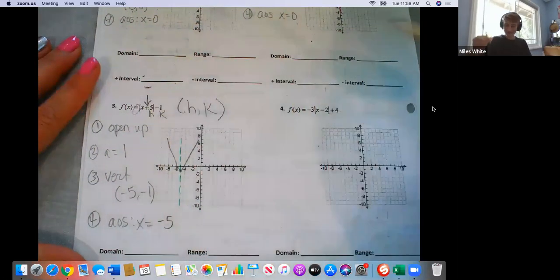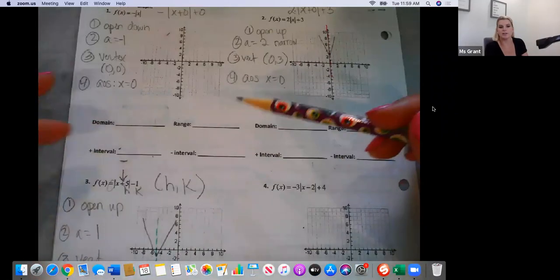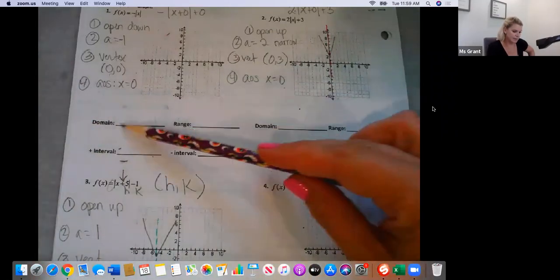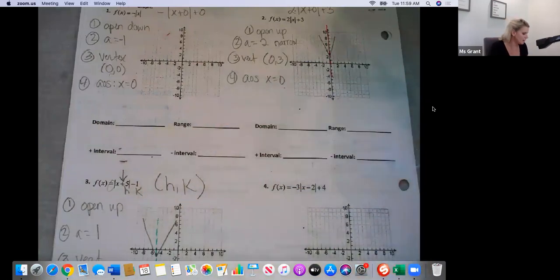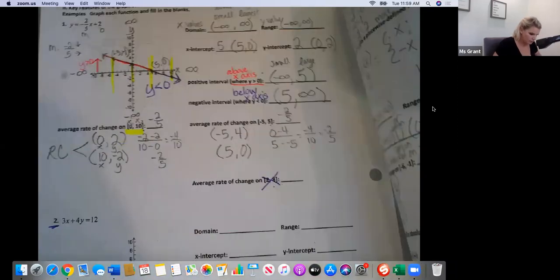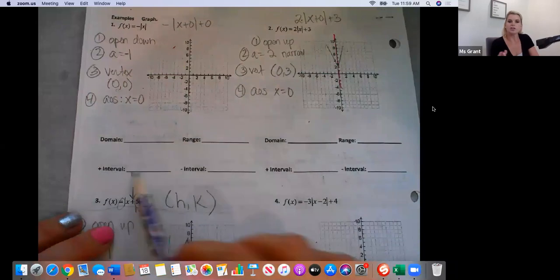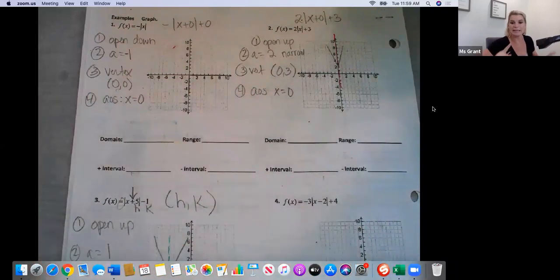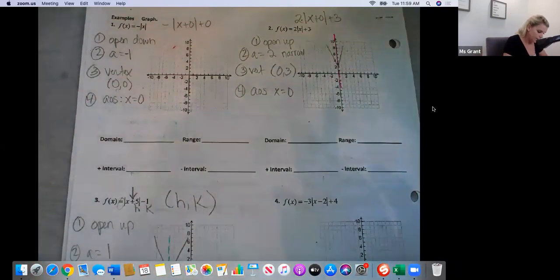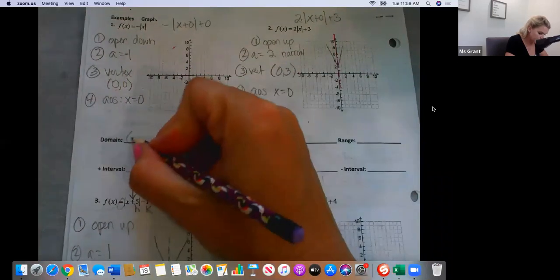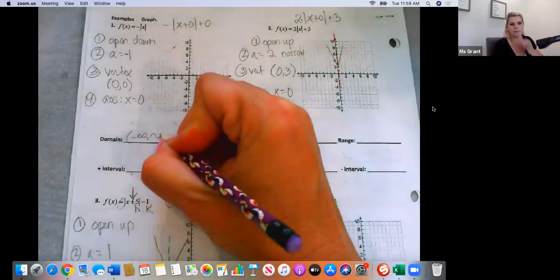That's fine. One thing I do want to write for you guys and give you the answer to is this information, because we only did really one problem. So on the domain, range, positive and negative, let me write down what they are for at least number 1. The domain is going to be all real numbers, -infinity to positive infinity.